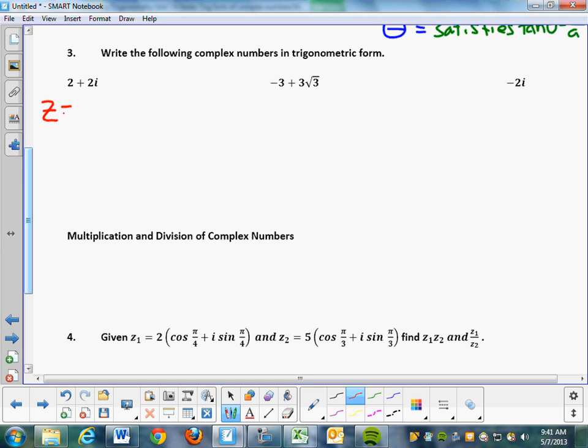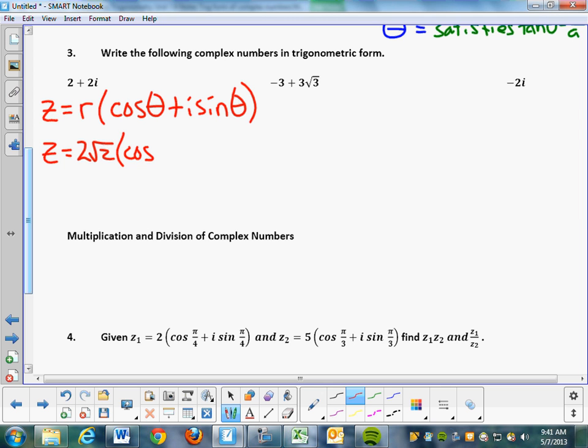Okay, so we have z is equal to r times cosine of theta plus i sine of theta. So I have z is equal to 2 square roots of 2 times the cosine of pi over 4 plus i sine of pi over 4. That may look bad, it may look bulky, it may look not very useful, but in fact, this will be very, very useful to us down the road.